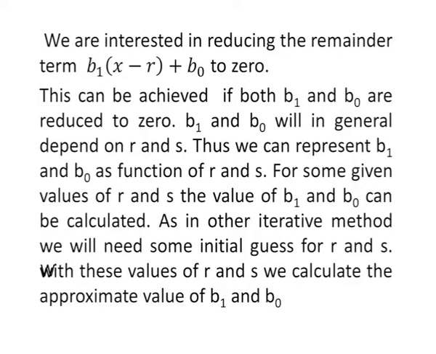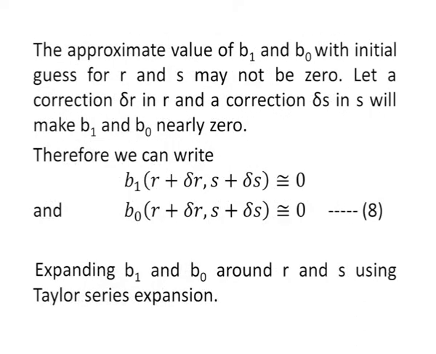To do this with the trial r and s values, suppose we have a correction term delta r in r and delta s in s. If we use the value r as r plus delta r and s as s plus delta s, suppose both b 1 and b 0 become 0, as given in equation 8.